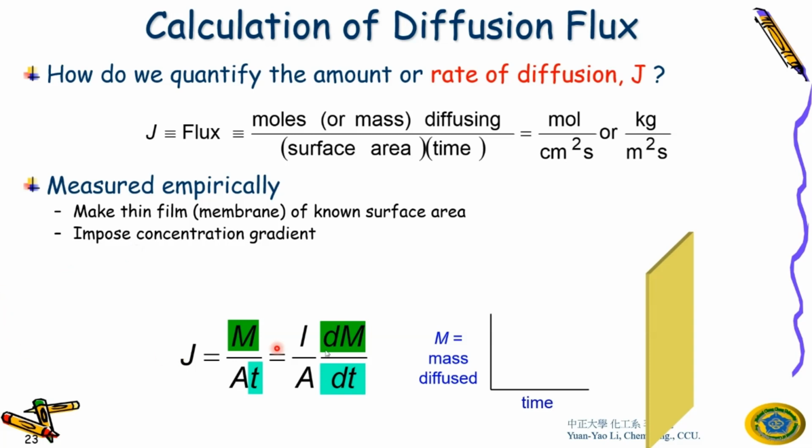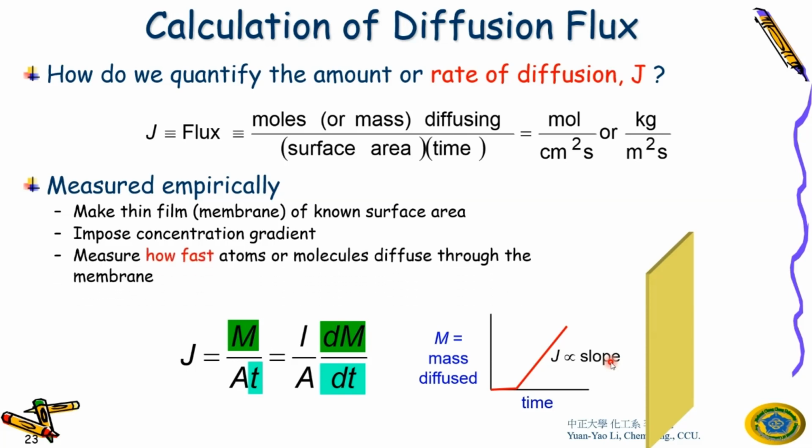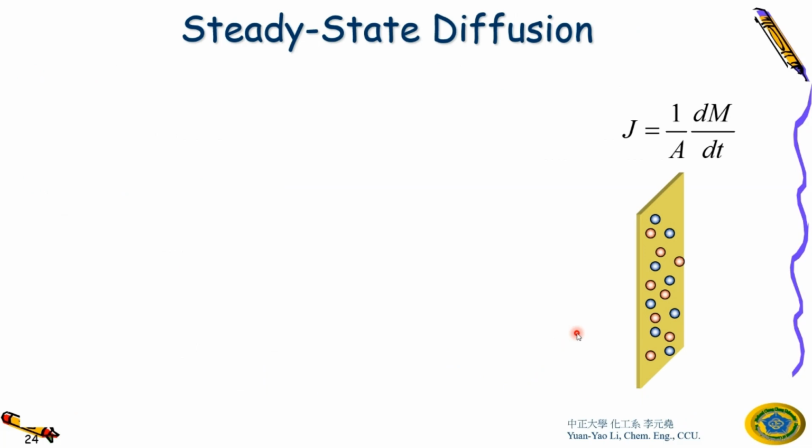You measure the time and the mass diffused from left to right, and you can do the calculation. So J is related to the slope. That's how you measure how fast atoms or molecules diffuse through the membrane. Or this can be like this, can be always 0. Just for you to know that. So the flux can fluctuate with time.